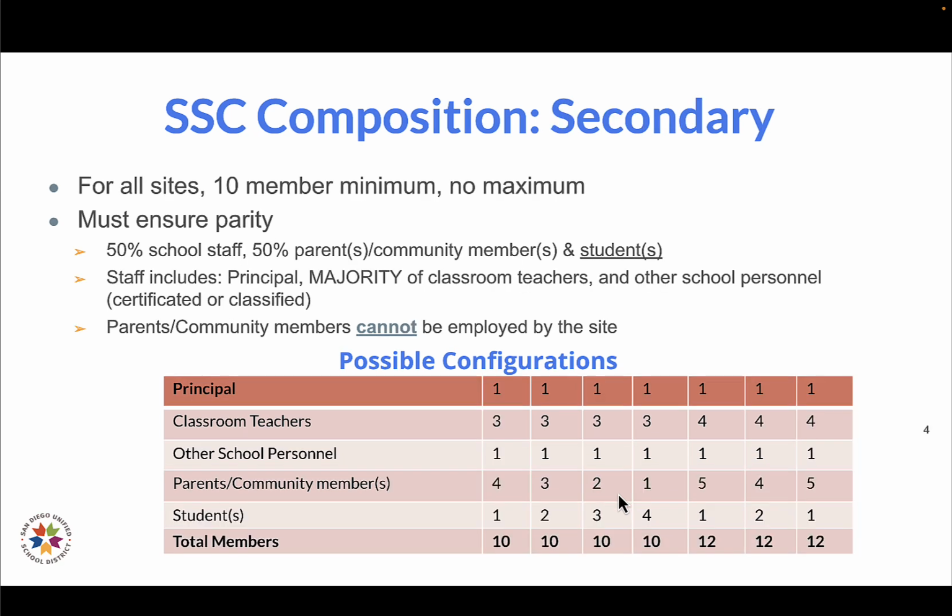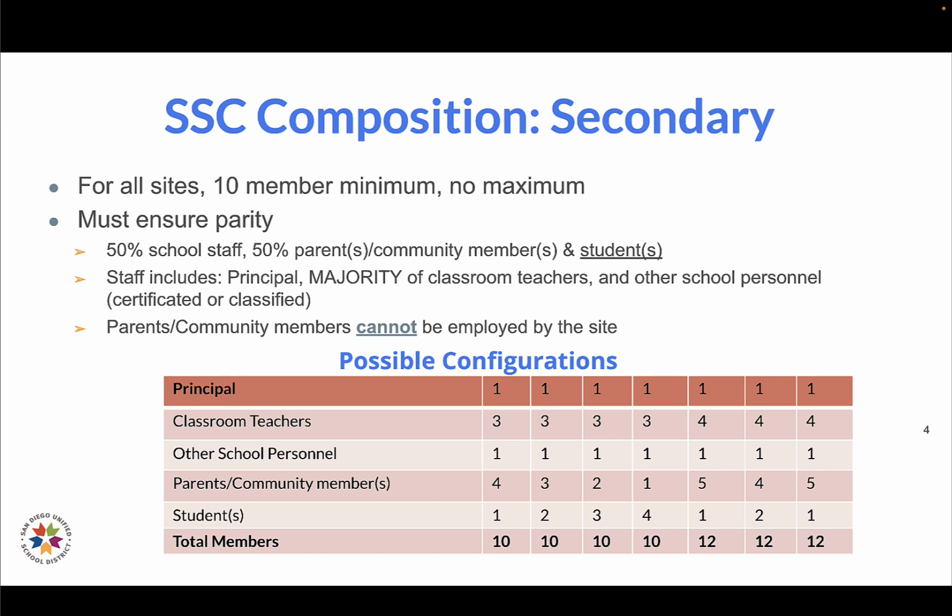As previously mentioned, secondary is slightly different. The only real difference is that a secondary roster can include students. From middle school on, you can have a student serve. Actually, you'd have up to 5 students serve on your SSC. Everything else is the same.